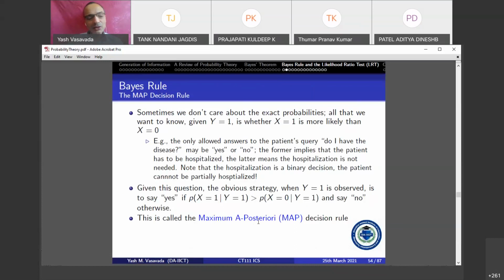But all that it is, you are trying to decide which cause was more likely after you observe a particular effect. So that post word comes from the after part of it. You have observed something, and after that you are trying to determine what the relative likelihoods or relative probabilities are. So this posterior part is to be contrasted with the prior probabilities. See, the prior probability of x equal to 1 or probability of x equal to 0 is before you take the test.